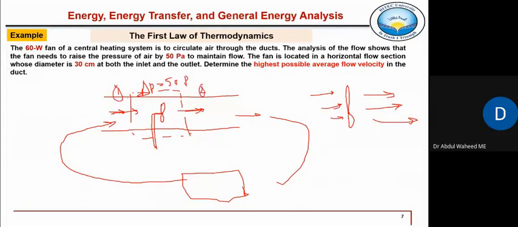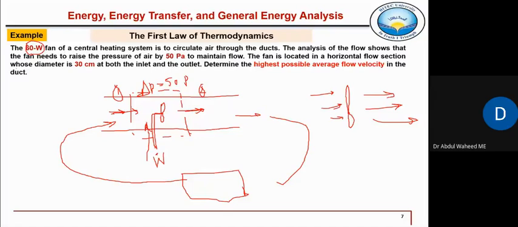So P2 minus P1 is 50 pascals. V2 minus V1 is 0 because of constant velocity. Potential energy at point 2 minus potential energy at 1 is also negligible. What is crossing the system boundary? Work, electrical work, that is given as 60 watts. So that is the description of this problem.